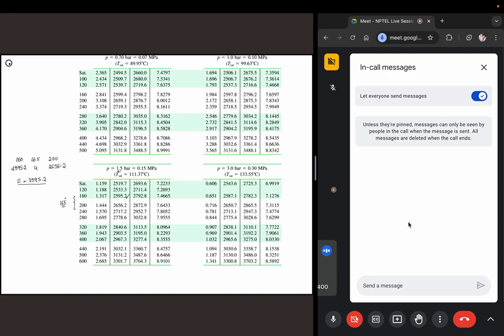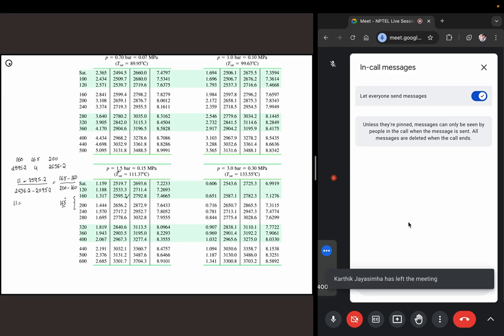Just take one more step, it will be clear. You can use this value directly.